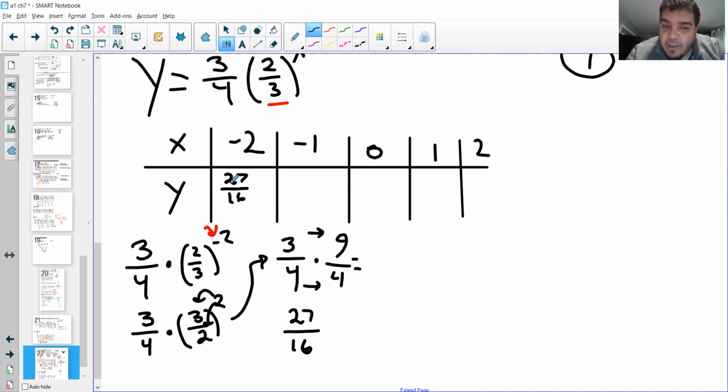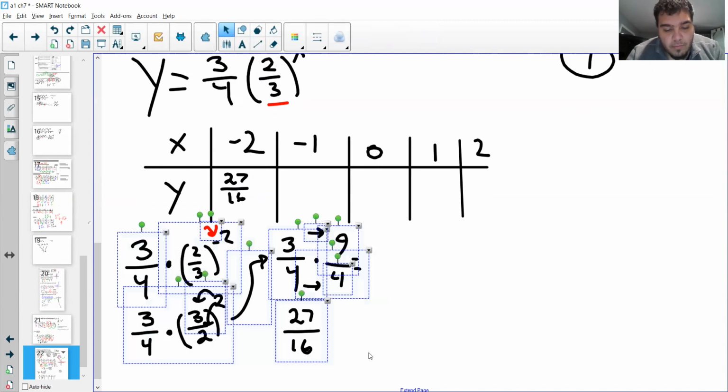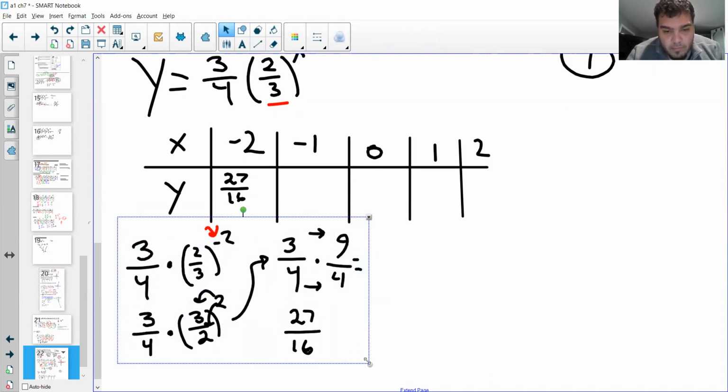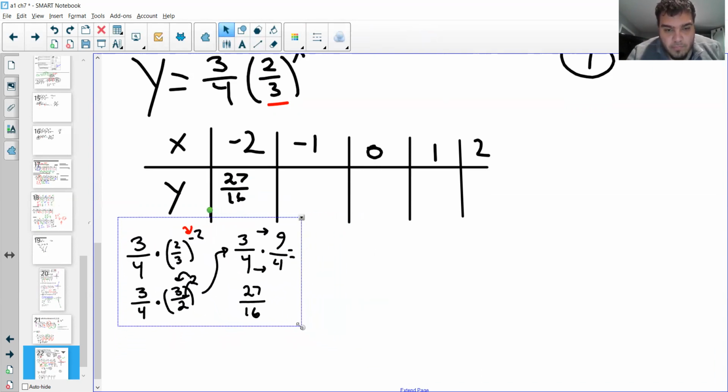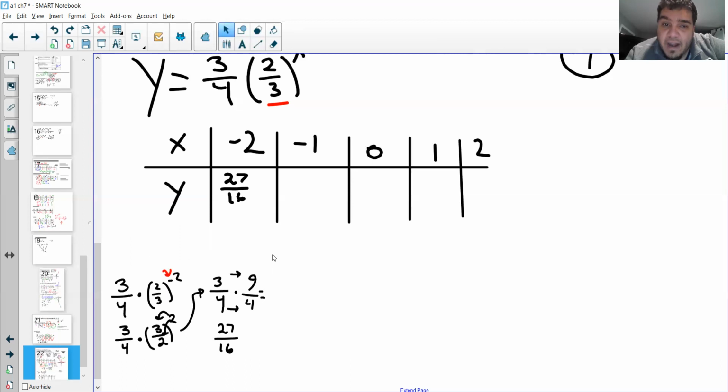So what you have here is 27 over 16 being your first value. Does anyone have any questions on the work for this one? Because I'm going to go on to using the pattern next.